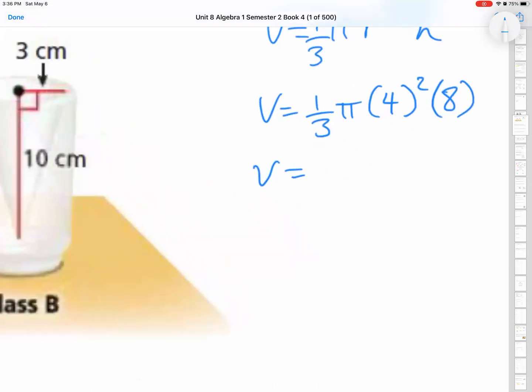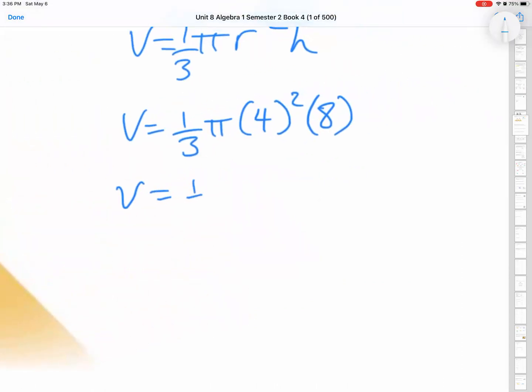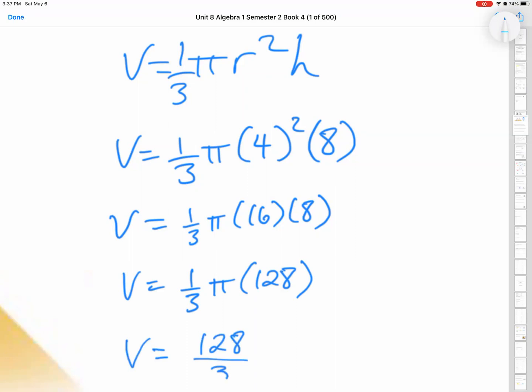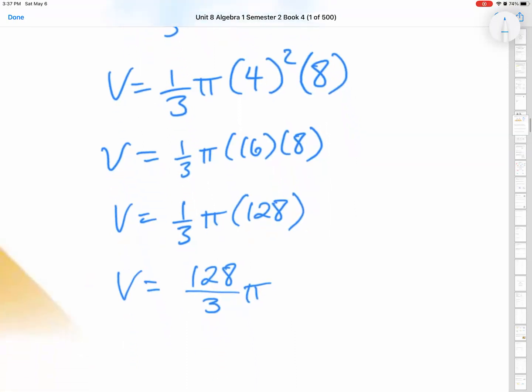Our volume comes out to 1/3 pi times 16 times 8. As a result, we end up with 1/3 times pi times 128. Unfortunately, 3 doesn't go into 128 evenly, so we're just going to have 128 over 3 pi as our exact value.